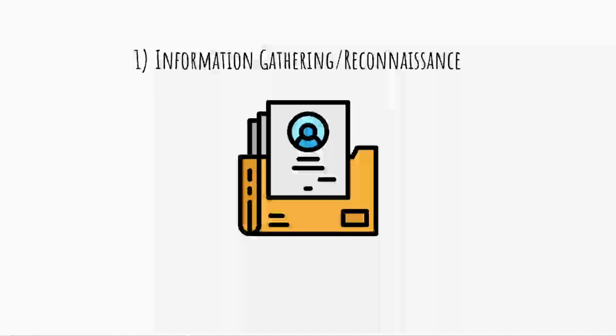This is the only stage that you can perform on any website or target that you want, since gathering information about something is not illegal. There are 2 ways that we can go about doing information gathering: actively, by directly interacting with our target, or passively, without interacting with the target.